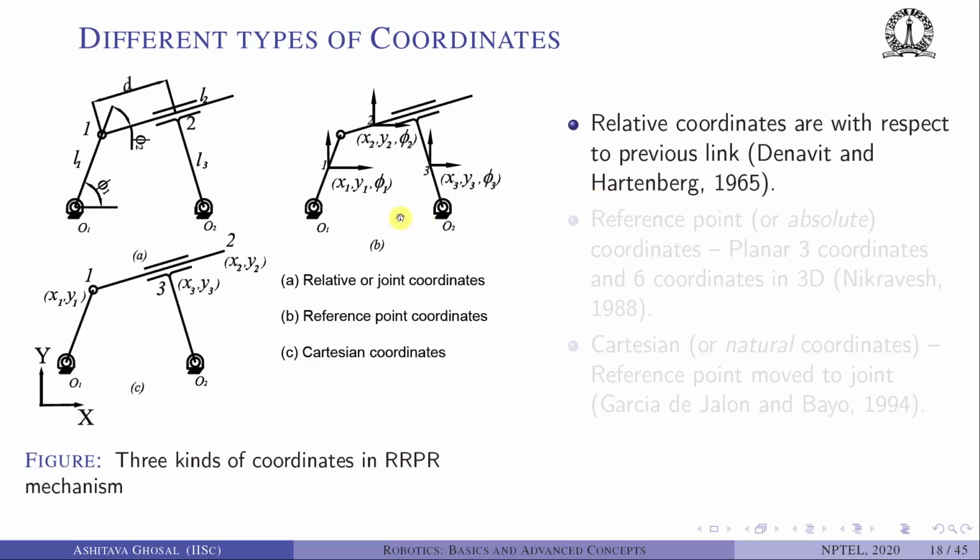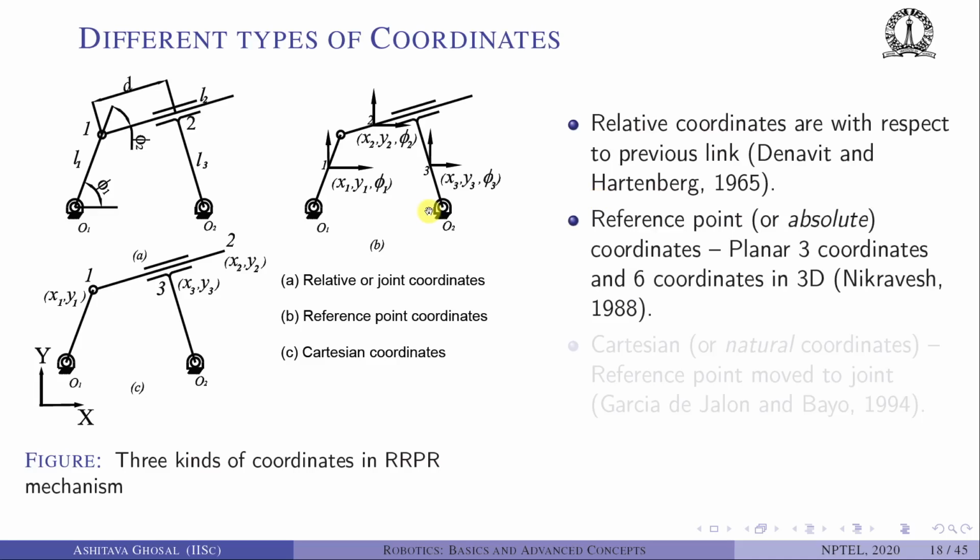We can also have what are called reference point coordinates. The reference point coordinates consist of the position and orientation of each link in the mechanism. In this case, this is one moving link, this is a second moving link, this is a third moving link. Each of these links is moving in a plane. If I pick a point on this link, I can say x1, y1 is the location of this point, and phi 1 is the orientation of that link.